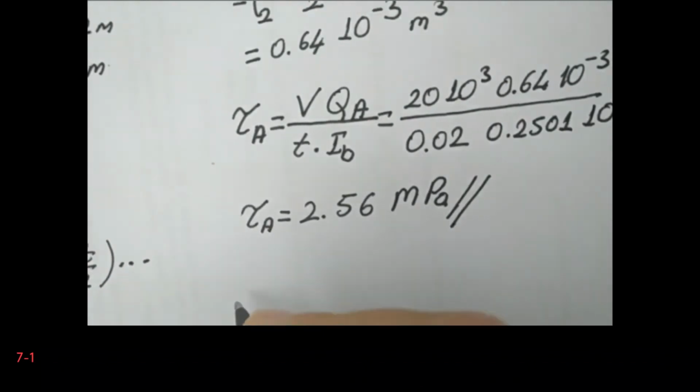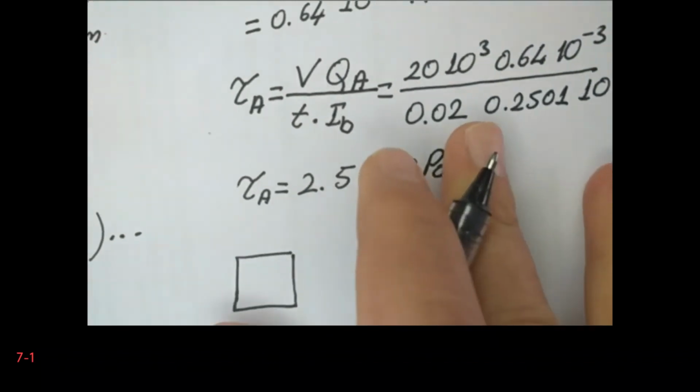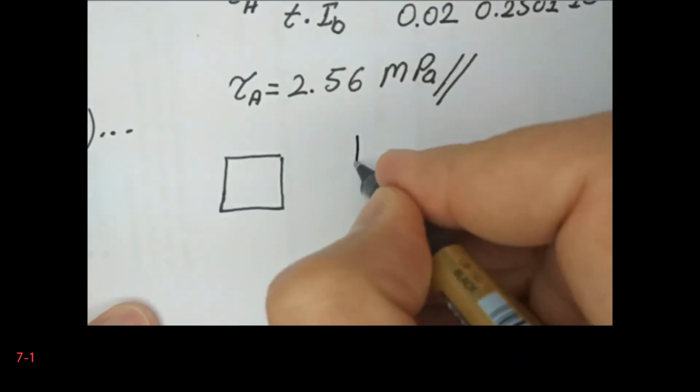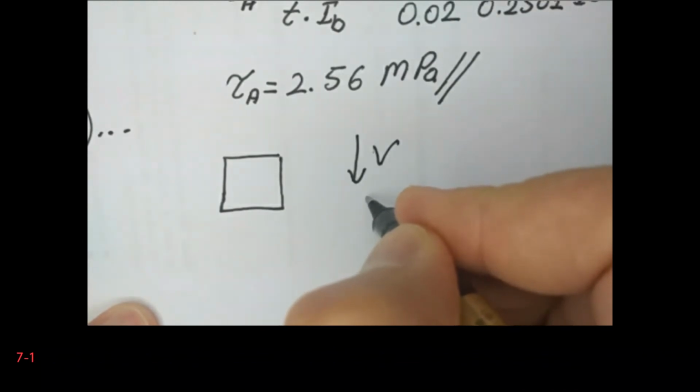Now let's draw the shear stress on the volume element. I will draw it from the side. So this is our volume element. So remember that the direction of the shear force is like this.